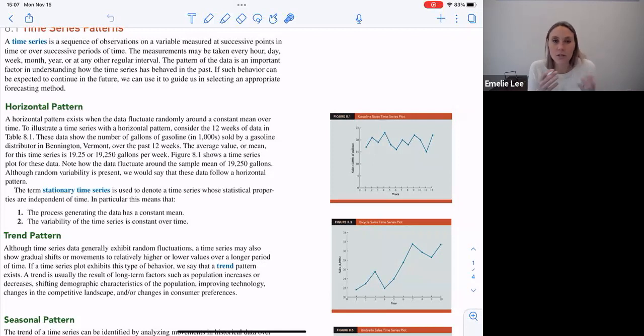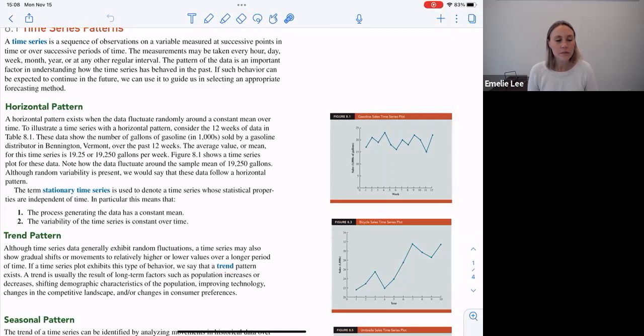So we understand that the forecast is going to have some error attached to it compared to what we actually see. And so we need some methods where we can say the error was reduced here, and that makes a good forecasting model.